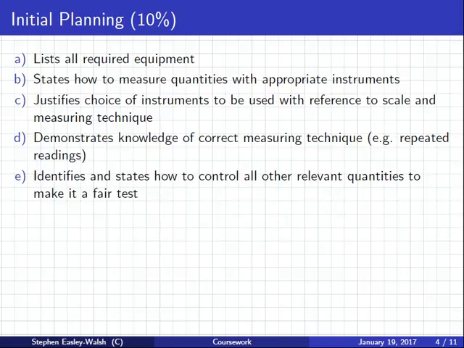Now, you were talking about minimizing the error. You also need to talk about that. Importantly, how to control it. So, for example, make the table level, make the table smooth, stuff like this.